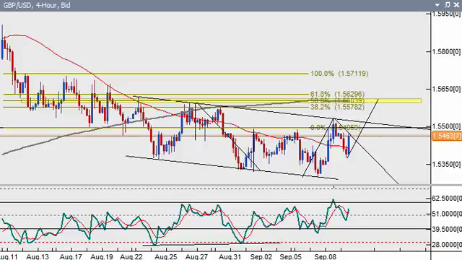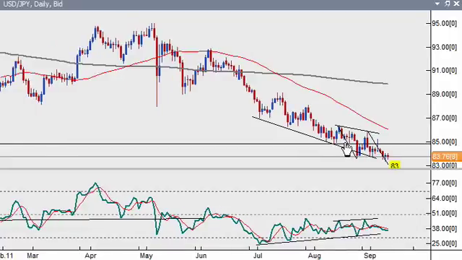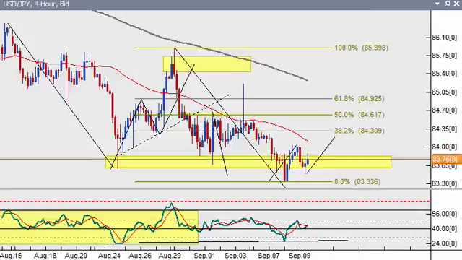Alright, here's a quick look at the US dollar Japanese yen pair again, and this has been the projection since the top here, since the market failed to break above 86. Now in the 4-hour time frame, we see the market in this ranging action here. We have a swing projection towards the 84.30 area, maybe lower.